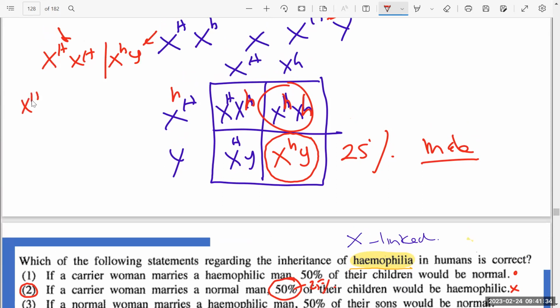So then X simple h X H, Y, X H, X H, X H Y, X H Y. Okay.